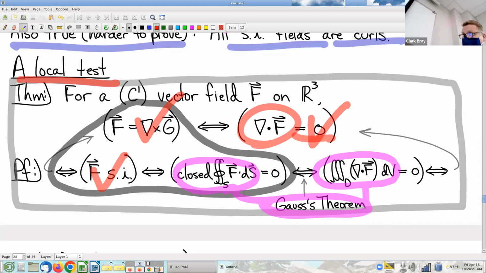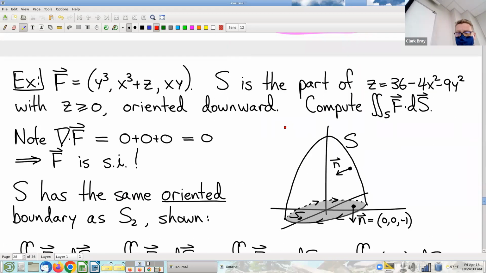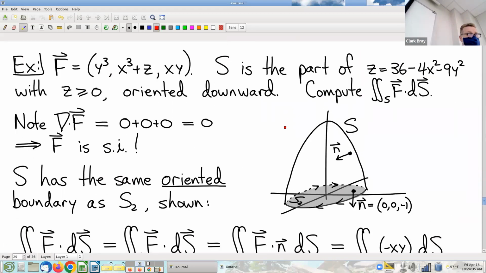Okay, and again, notice the layout on the page. It looks exactly, in terms of layout, like the argument we made about local tests for gradients. And again, that's on purpose. Okay, so let's see an example of how this gets used. This is a really powerful example. By the way, the book doesn't really develop these ideas the way that I'm doing here.